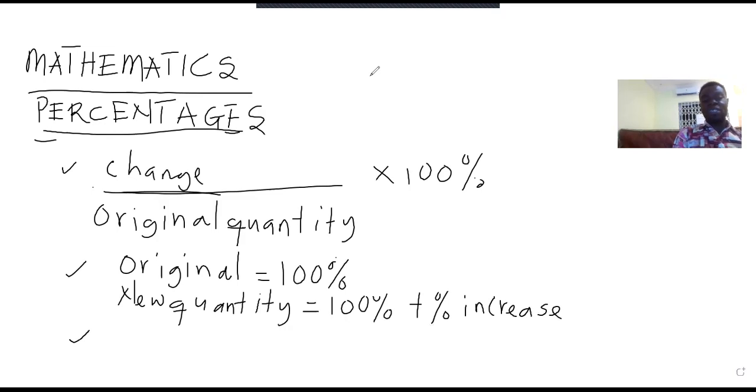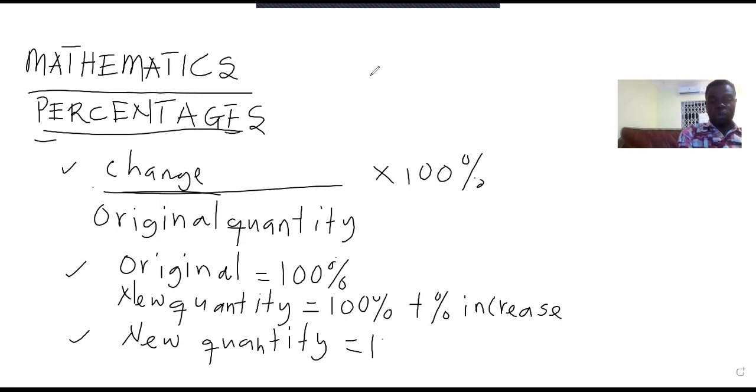If it's percentage decrease, again, the original price or original quantity should be equivalent to 100%. But the new quantity should be equal to 100% minus the percentage decrease.